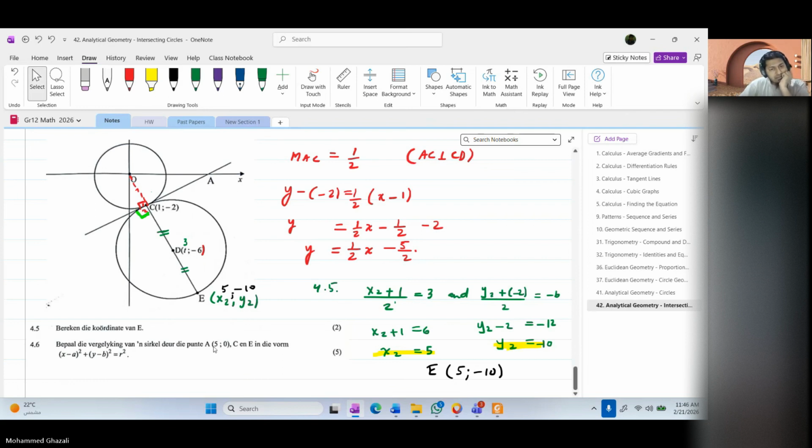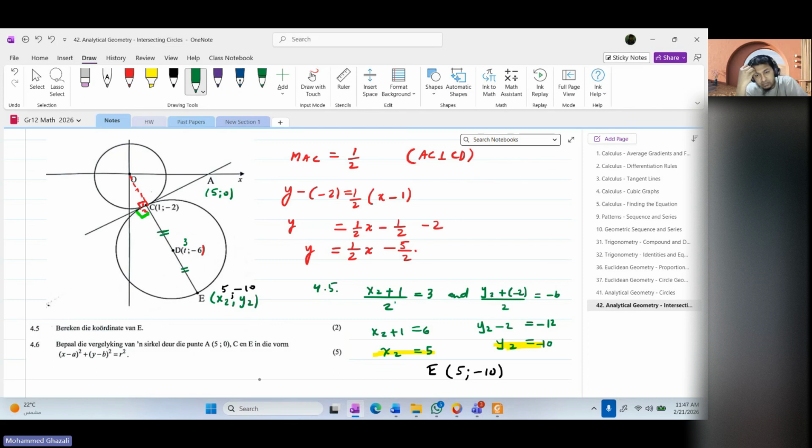Okay, 5 and negative 10. A, C, E. A is 5, 0. Does this say that the circle is passing through points A, C, and E? They gave us a point which is 5, 0.